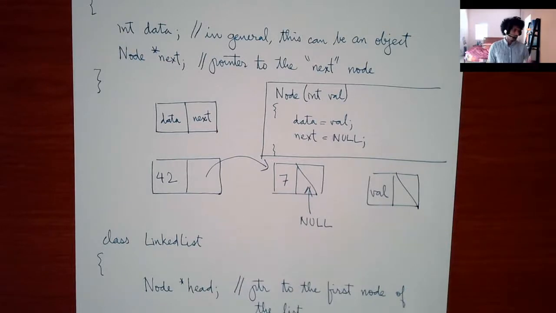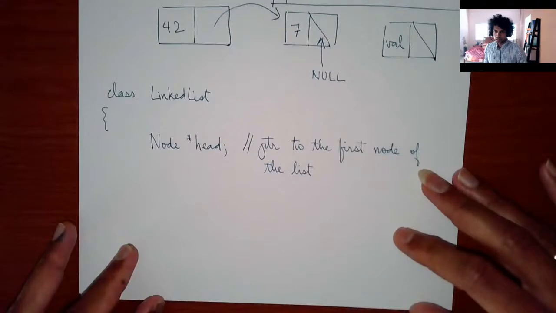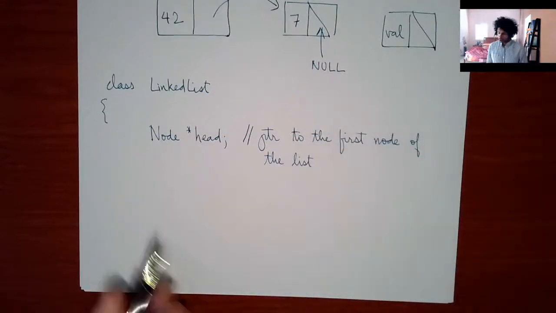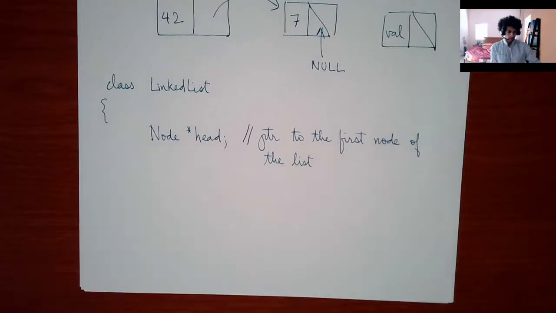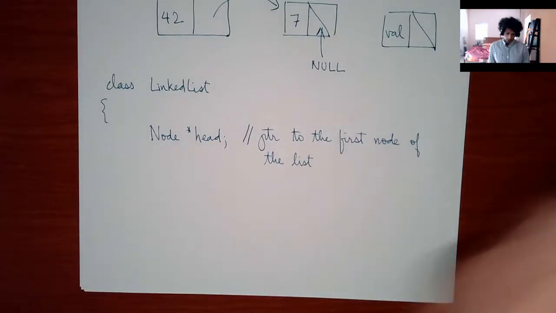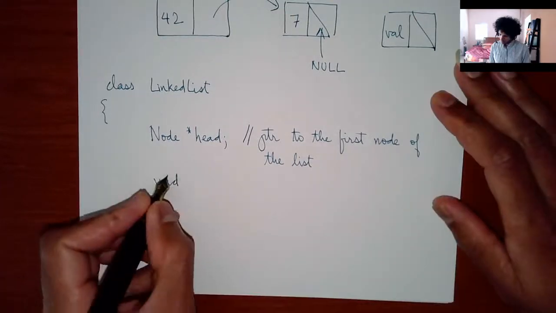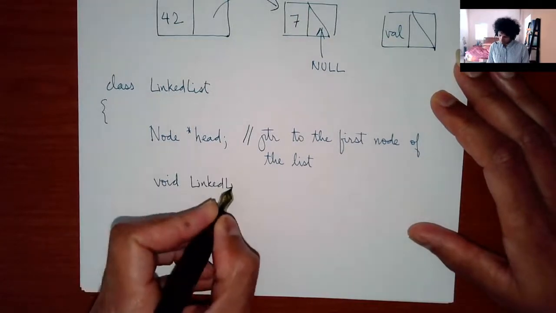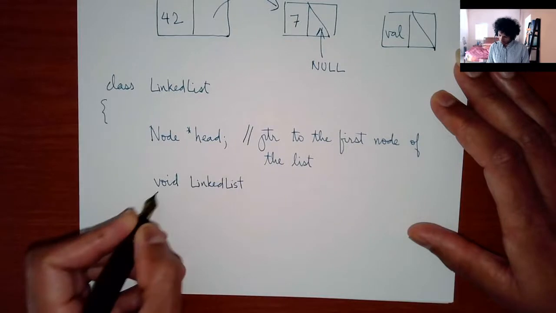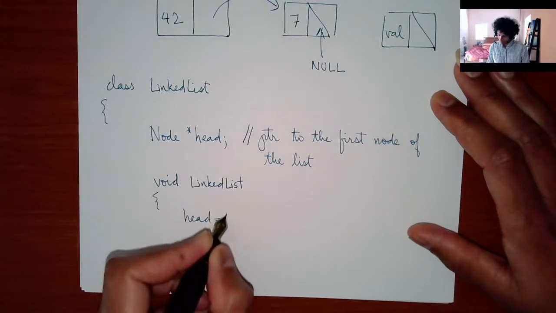Once you create this node, then you are going to link this node to everything else. In your linked list, where you initialize your linked list, the constructor for the linked list will often just set head to be null.